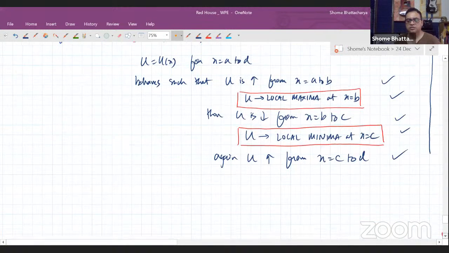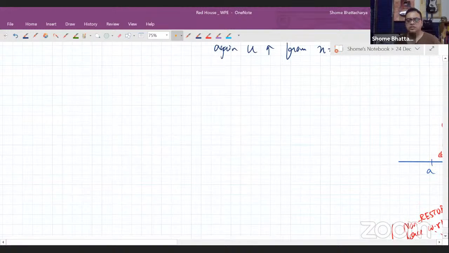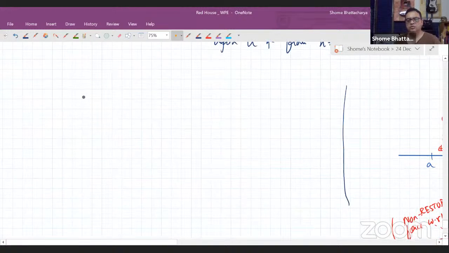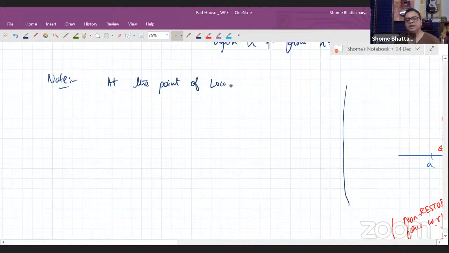Okay, so let's understand this in words now. At the point of local maxima, in the above example x equal to b, for potential energy as a function of x.